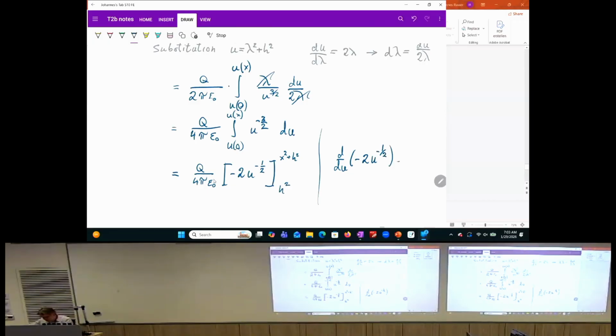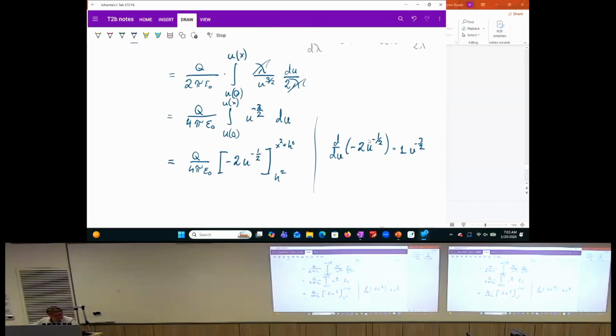That goes in as a factor in front. Minus 2 times minus 1/2 is just plus 1. And the exponent is reduced by 1. So instead of u to the power of minus 1/2, we have u to the power of minus 3/2. And that is exactly the value that we had here. So we have obviously done our integration right.